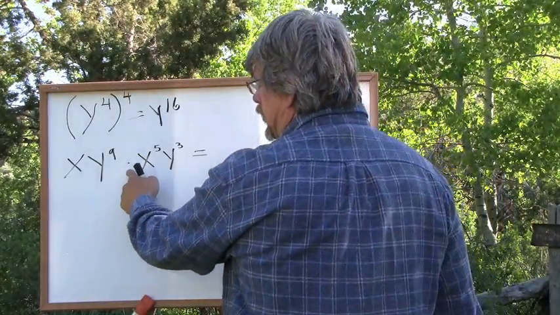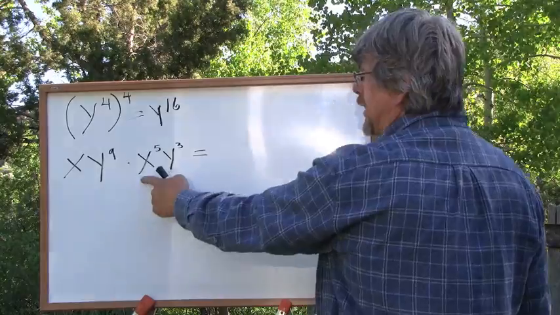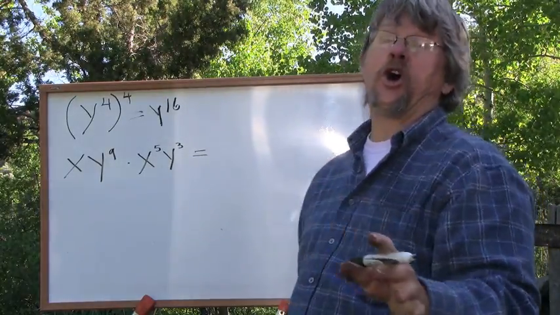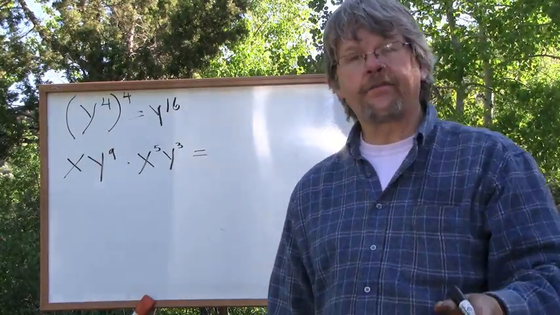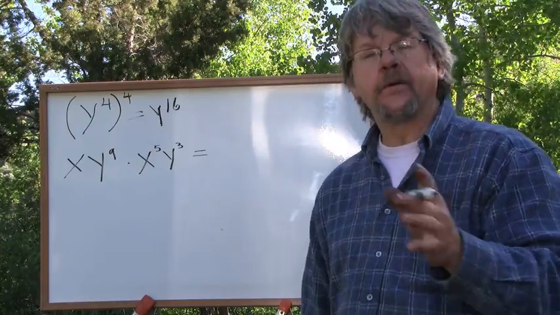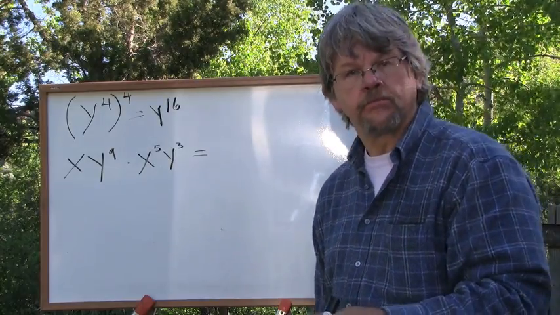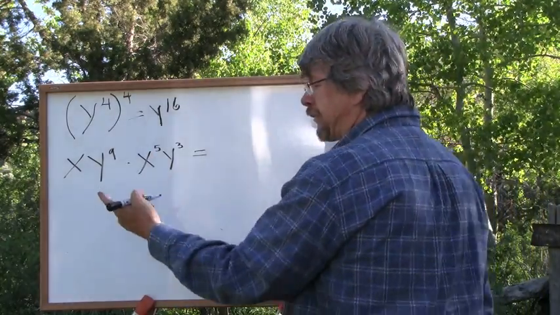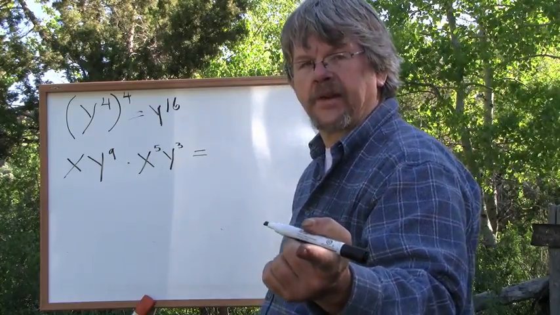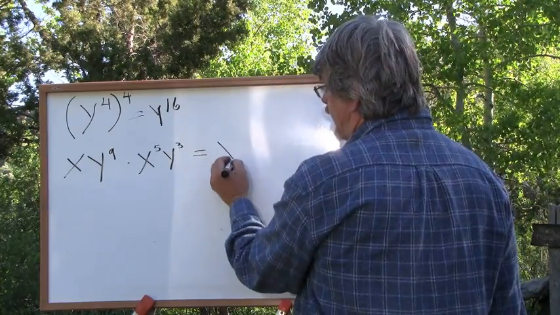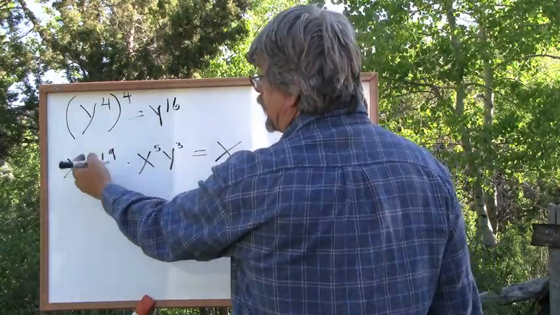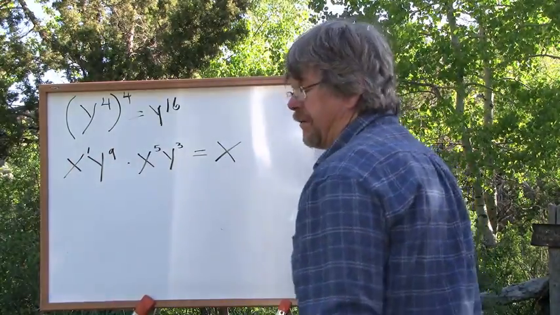We have a multiplication of an xy and an xy. So we know we're going to add the exponents. Keep the base, add the exponents. So one step at a time, do one variable at a time. Put down x, add, remember this is x to the 1.